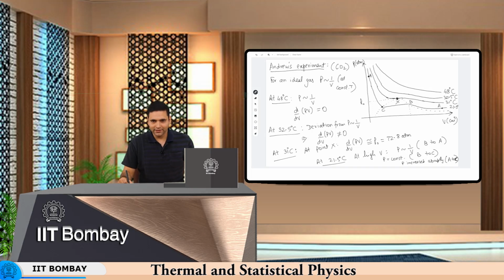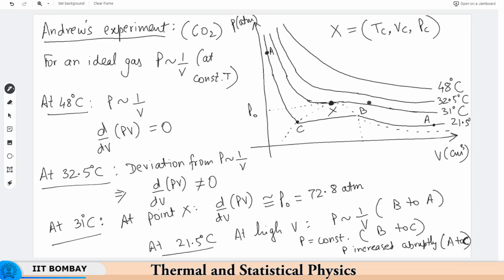And like I said, there was this special point X, which was defined by some parameters Tc, Vc, and Pc. At this point, there is a certain temperature, which is 31 degrees, and a certain pressure, which I'll call Pc to be consistent. Similarly, this point is Vc.